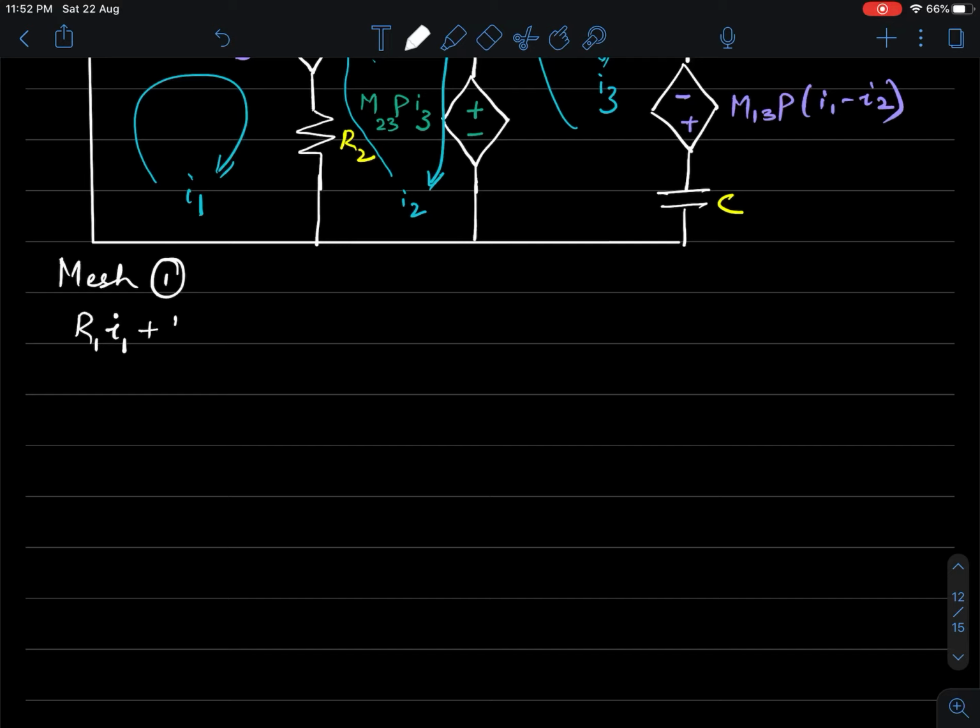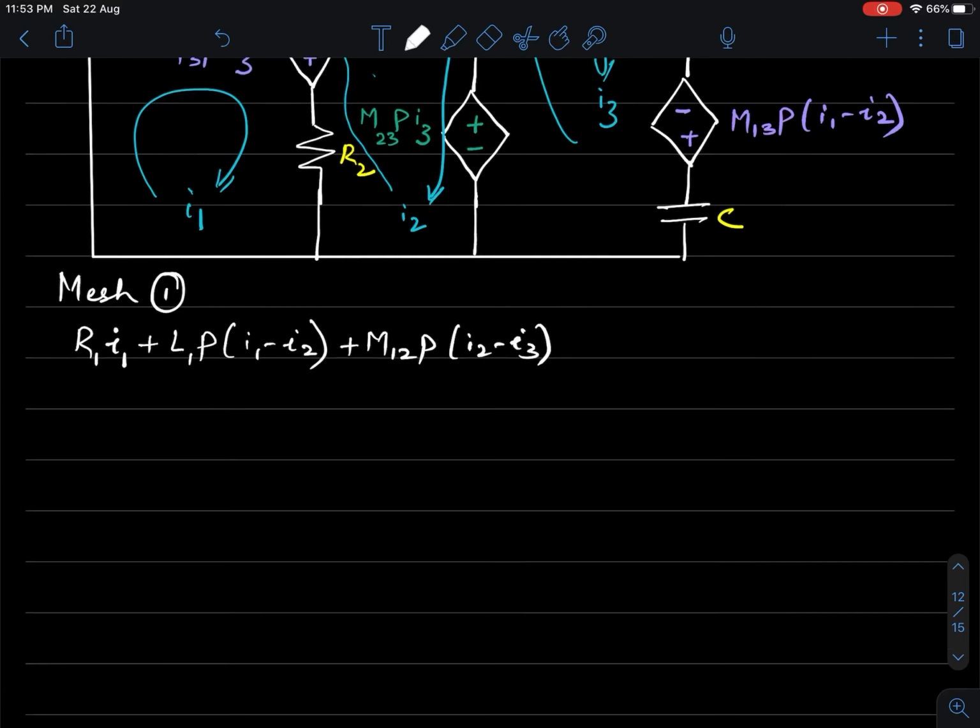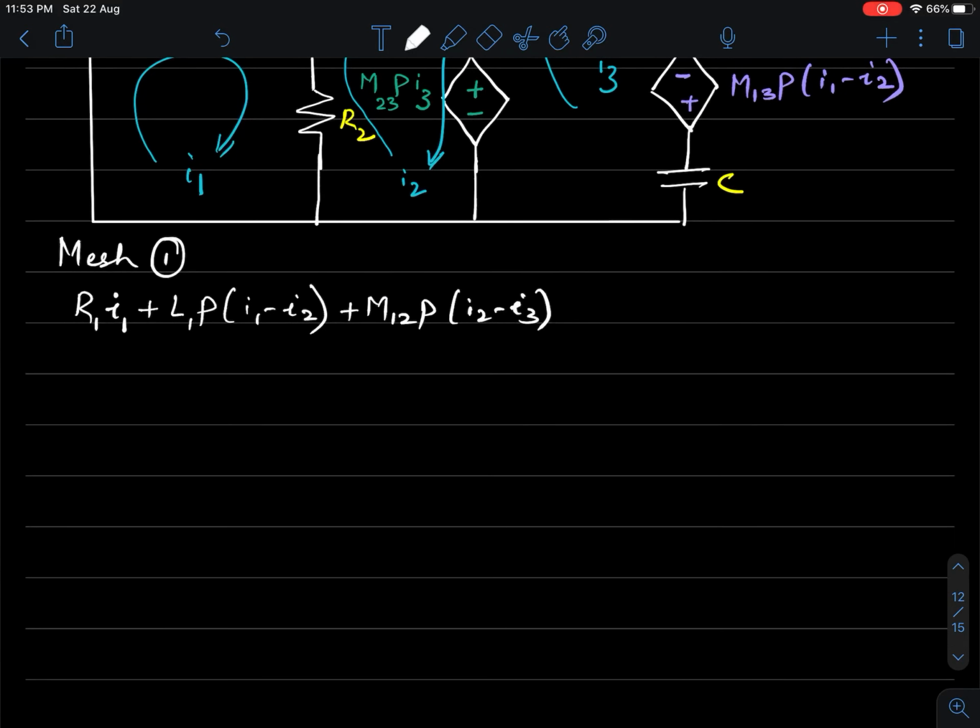I will write the self-inductance first: L1P, carrying a current of I1 minus I2 from top to bottom, in the clockwise direction. Then I write the mutually induced EMF, M12P, I2 minus I3. Then minus M13P into I3, plus R2 into I1 minus I2, equal to V of t. This is my first equation.